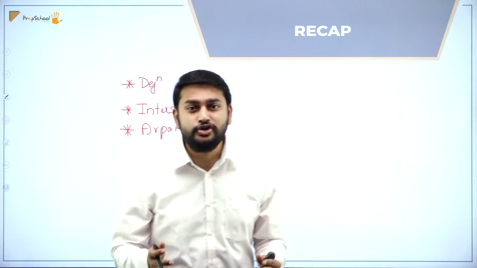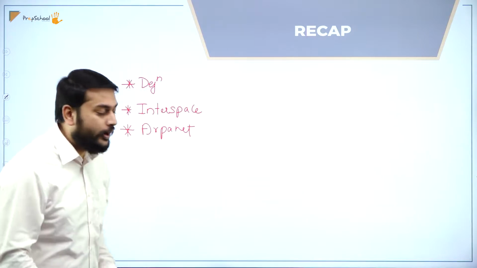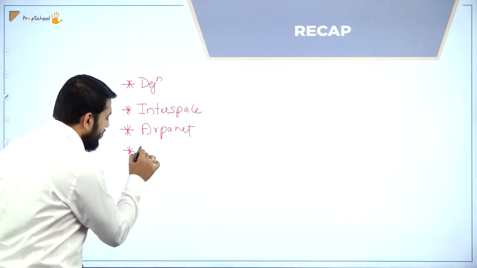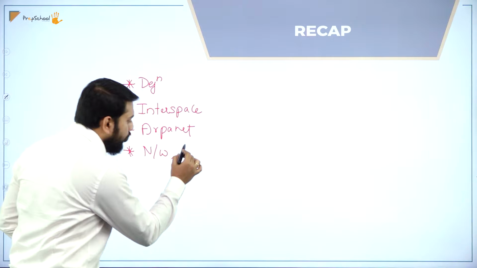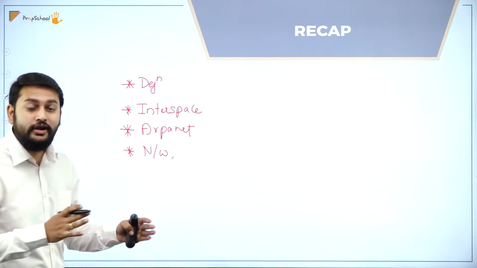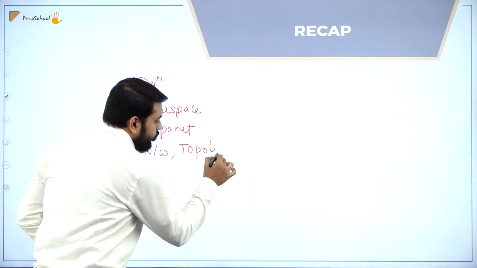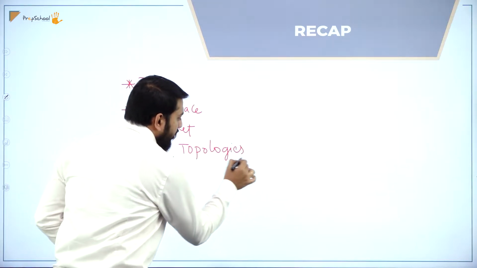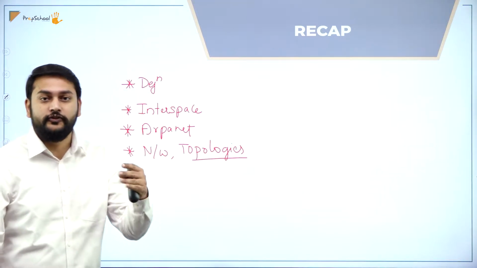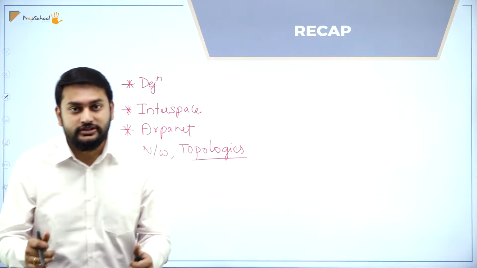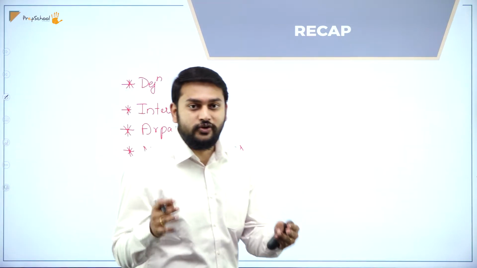So we understood different network devices, and we have already completed the different topologies that we have. So network topologies. All right. This is one of the important topics that you should never forget. So we have discussed topologies, we have discussed network devices.